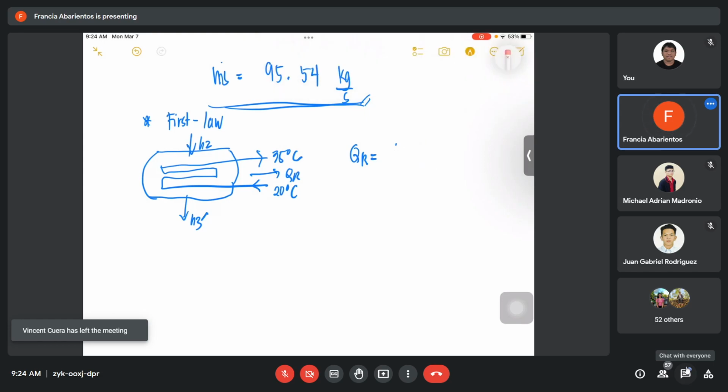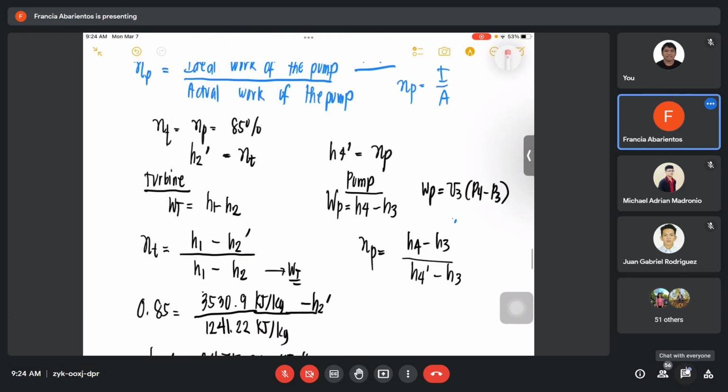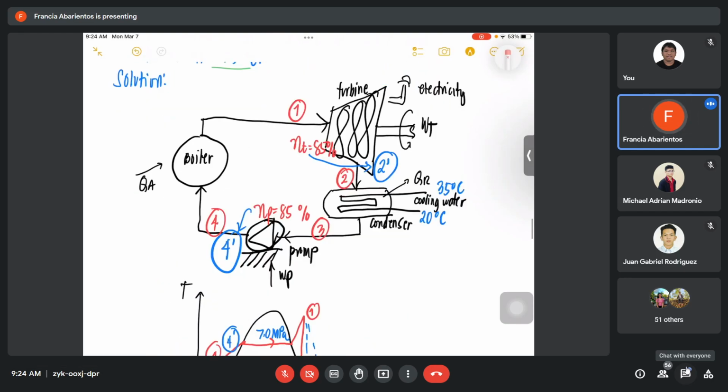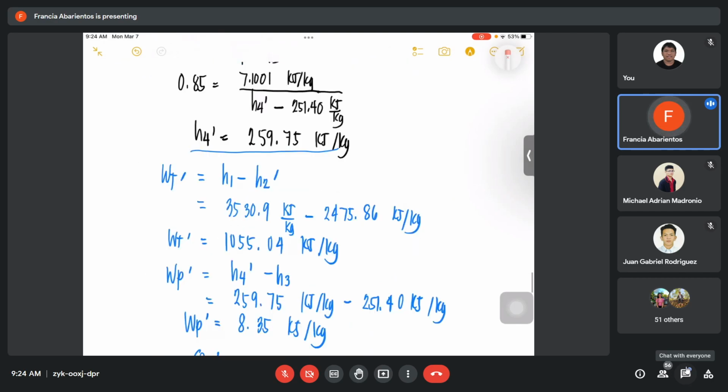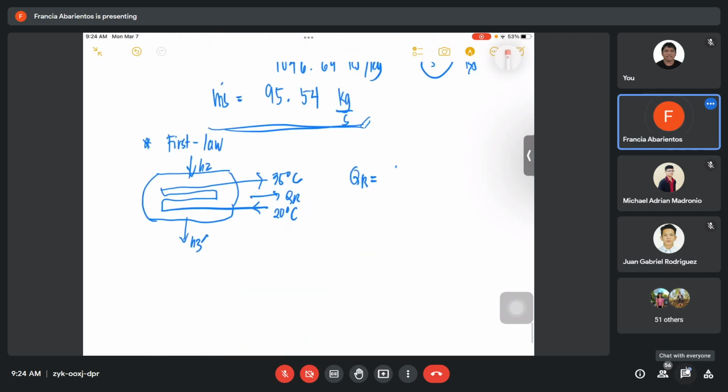Okay. Tama ba? H2, 2 and 3 sa condenser. 2 prime, 3. 2 prime. Baliktad pala si ma'am. Yan, double check nyo class. Para hindi kayo malito, we have the H2 prime, H3.